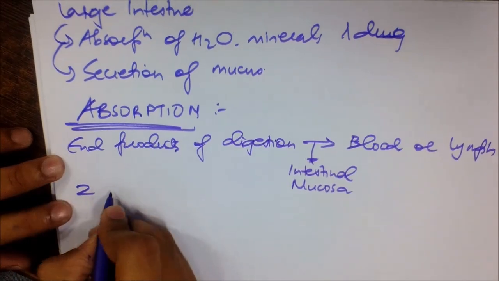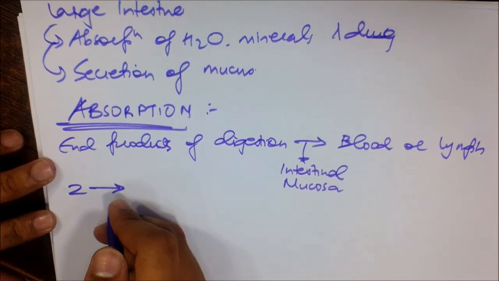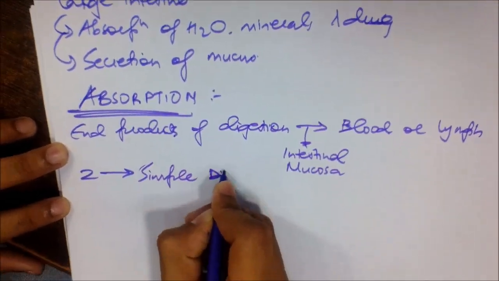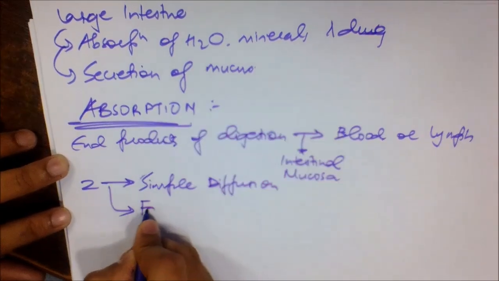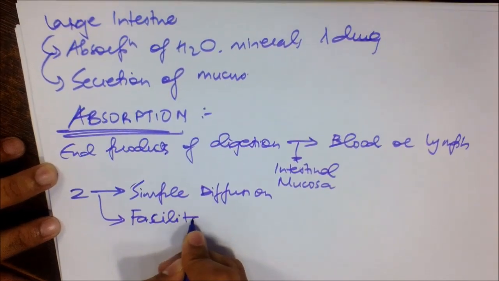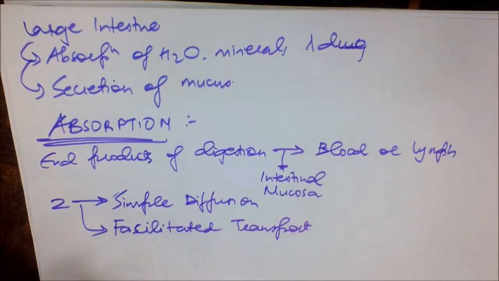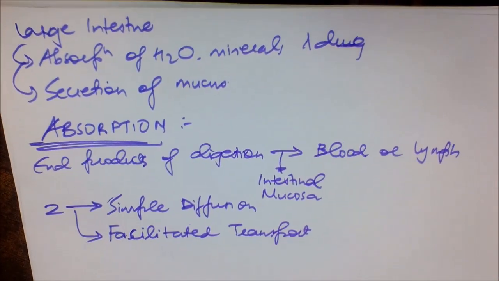So there can be two different types of mechanisms: first, simple diffusion, and next, facilitated transport. Transport of water depends upon the osmotic gradient.